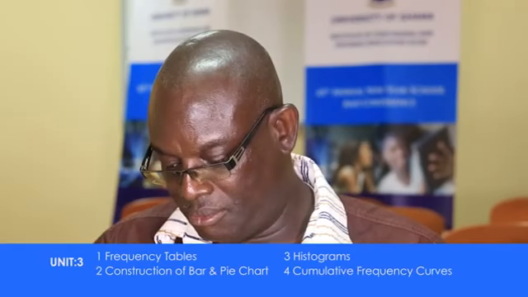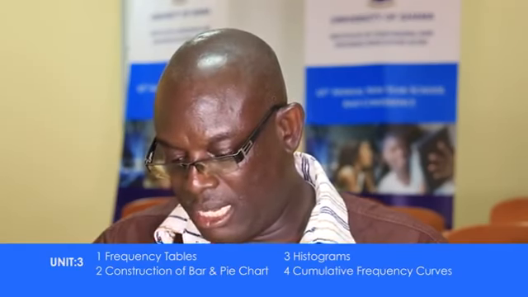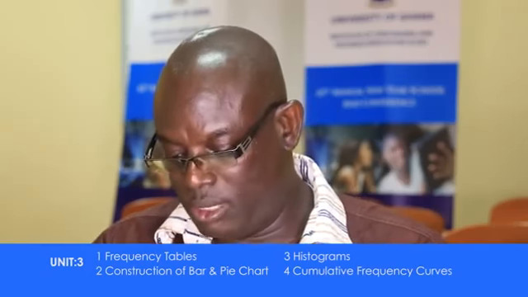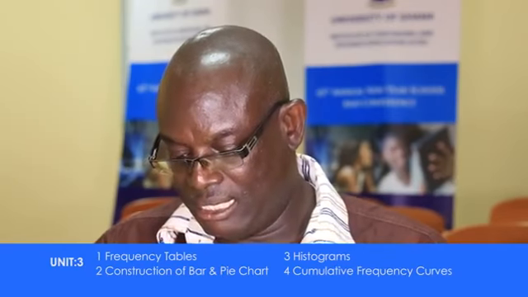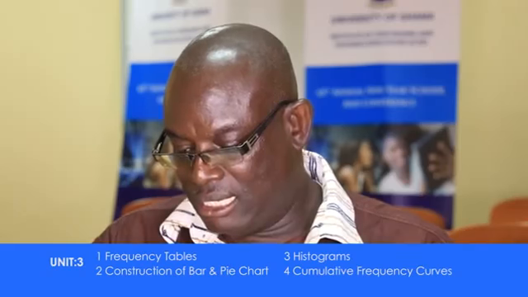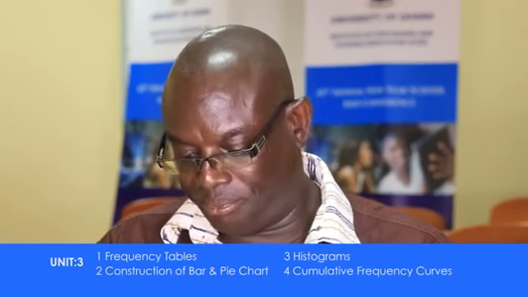You should also be able to construct histograms and cumulative frequency curves. And you should also know the relevance and the appropriateness of the use of these charts in organizing data.